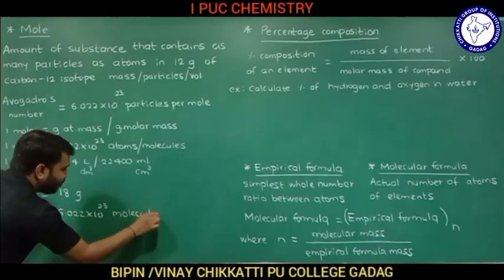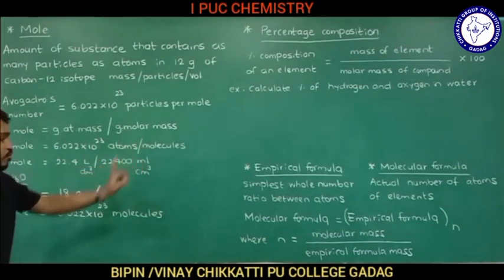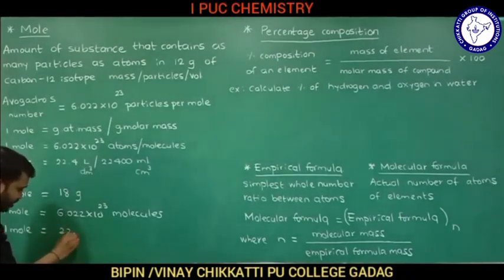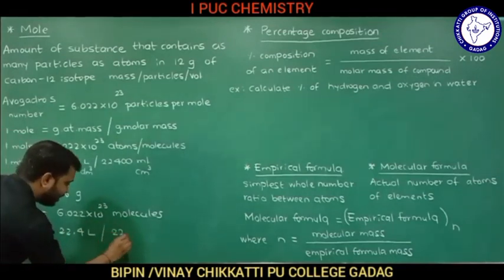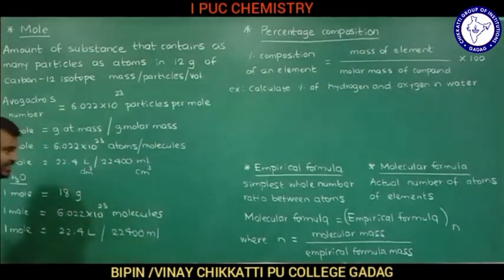Since it is a compound, you are going to consider molecules here. Out of these two, atoms or molecules, I am going to consider molecules. One more, in terms of volume: 1 mole of water contains 22.4 liters, or in terms of milliliters, 22,400 milliliters, or we can write dm cube and cm cube.